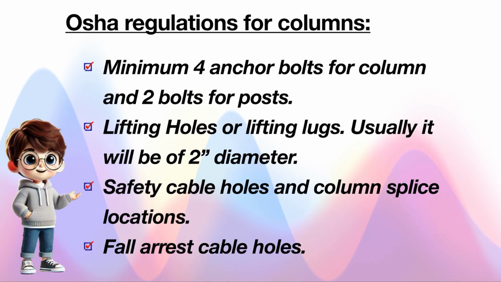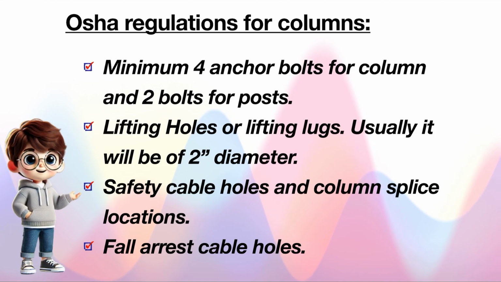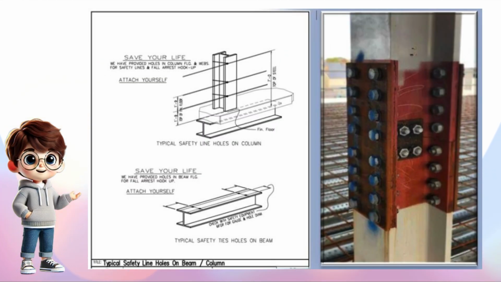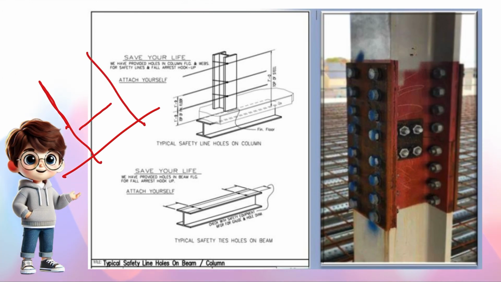And then safety cable holes, column splice location, and fall arrest cables. If the building has more than one framing level, which means it is a multi-storied building, let's say this is the ground level, columns, and this is level 1, this is level 2, and this will be the roof. At these intermediate levels we need to provide safety cable holes around the periphery of the building and around the openings for stairs and elevators.